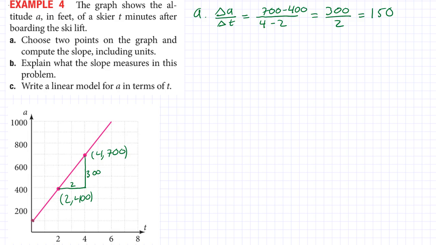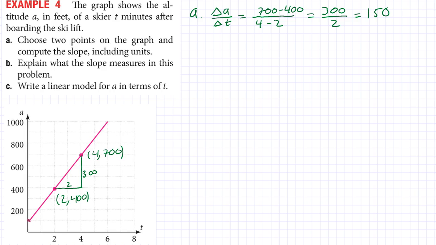And actually, I want to go back a little bit here because I haven't been using units, and I want to include units here. So how do you get the units of this number 150? Let's think about the units of A. The units of A here are given in feet. So the vertical change here, that 300 represents 300 feet.